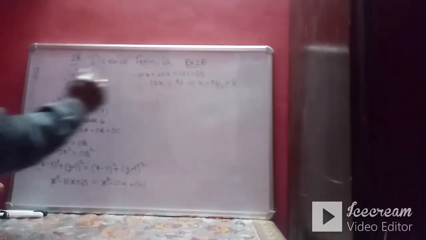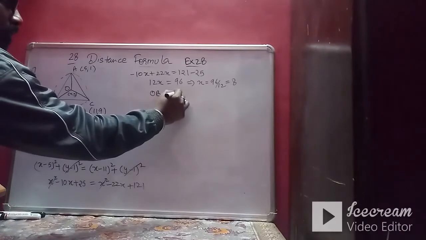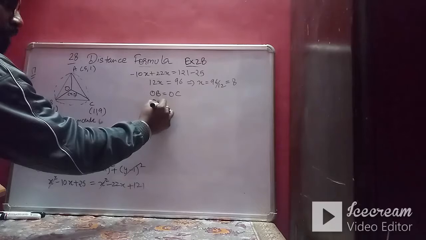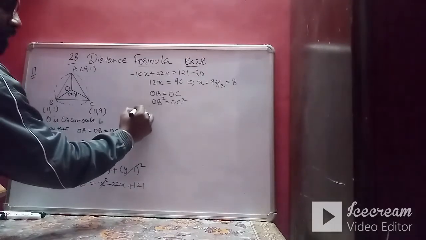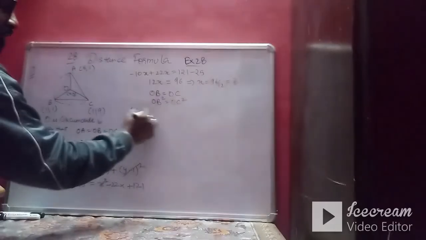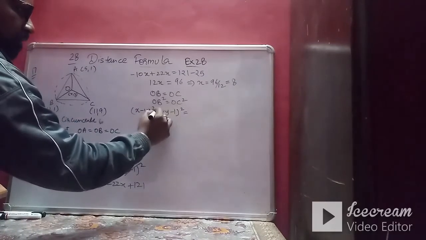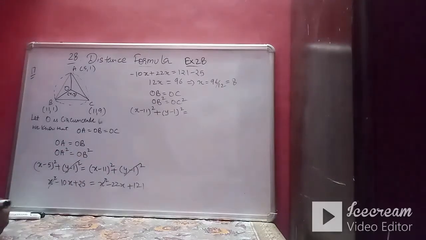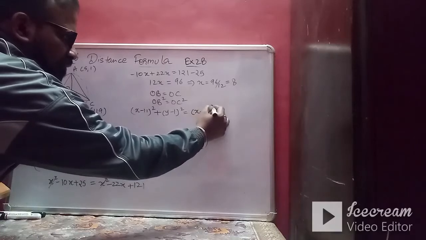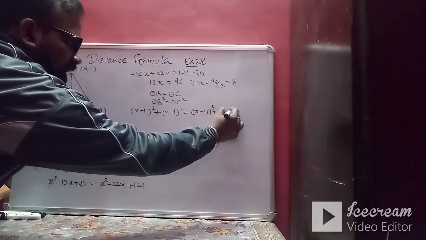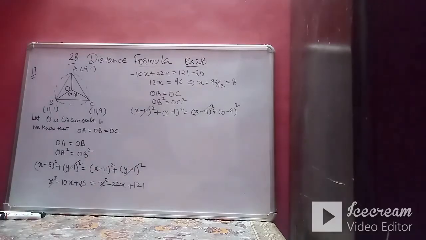Similarly, we will take OB equal to OC. So OB square equal to OC square. So it will be (x minus 11) square plus (y minus 1) whole square equal to, again, (x minus 11) square plus (y minus 9) whole square. So these two will cancel out.